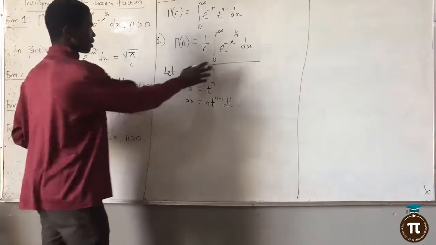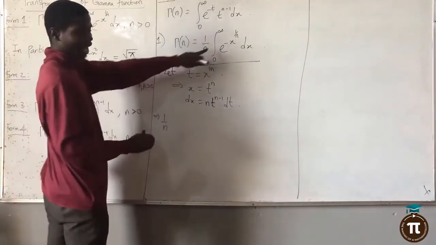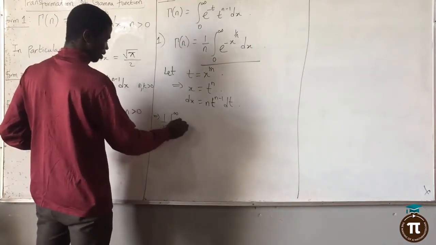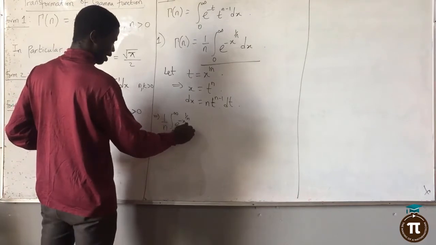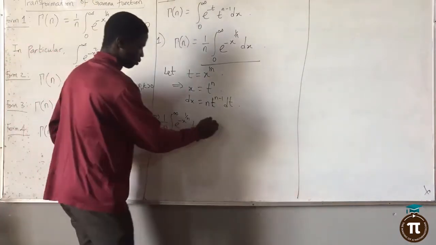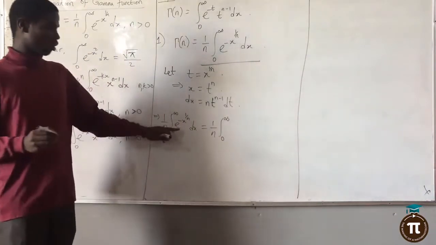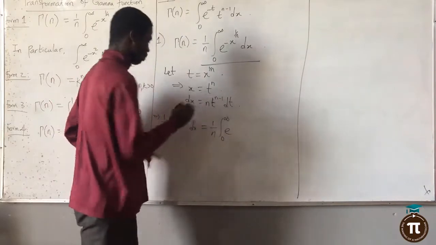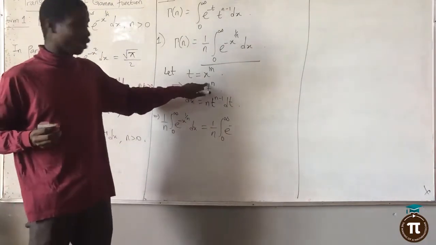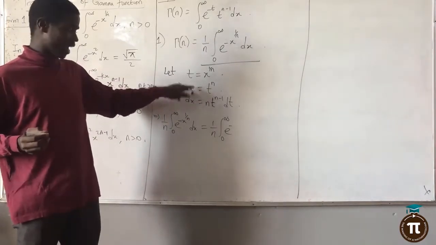So it means that I have 1 over n, this is what I have at the left hand side, integral from 0 to infinity of e raised to power minus s raised to power 1 over n ds is equal to 1 over n integral from 0 to infinity of e raised to the power of minus s raised to the power of 1 over n, which is t.